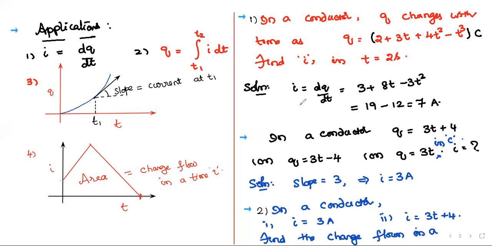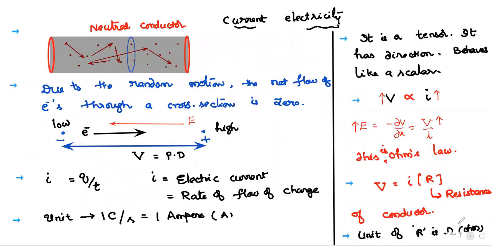Not yet entered into V equals IR. In the first page, we discussed just the first half of the part. From this basic formula I equals q by t, we are doing the applications.